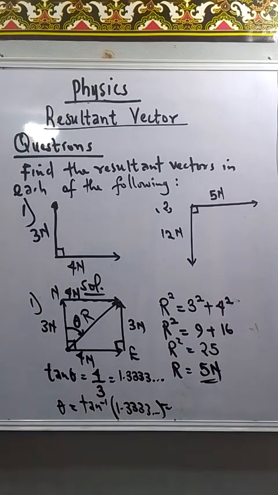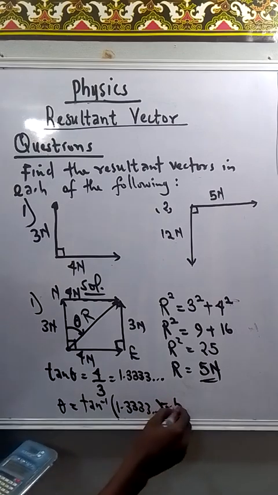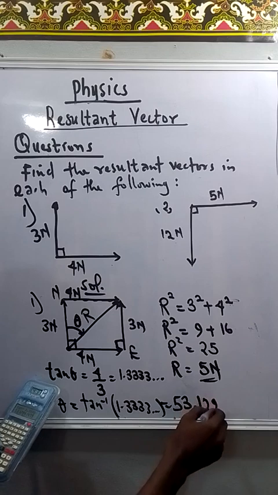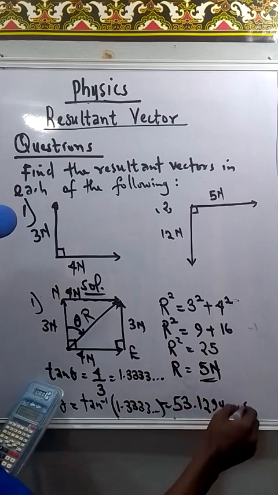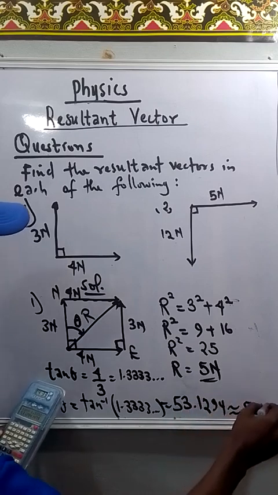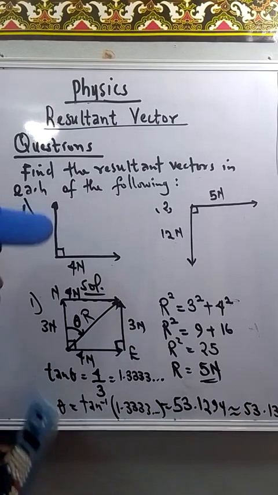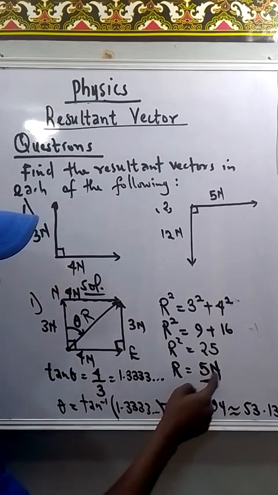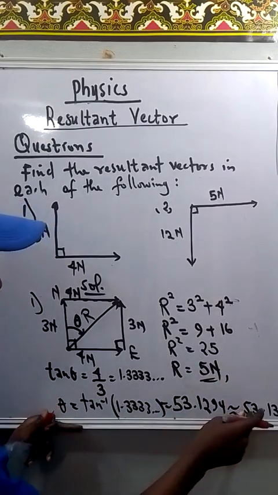If I press my calculator for arctan of 1.3333, shift tan of 1.3333, we have 53.1294. Approximately that's 53.13 degrees.